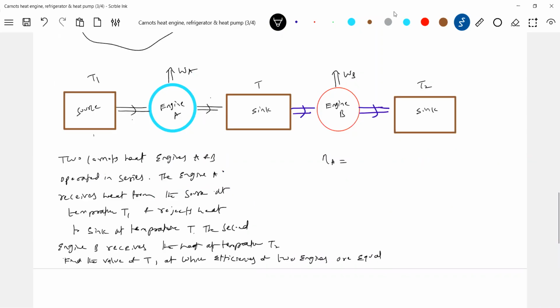I think with two sinks, you may get confused. So I'll write it with an intermediate body. Intermediate sink, the engine A, source at temperature.